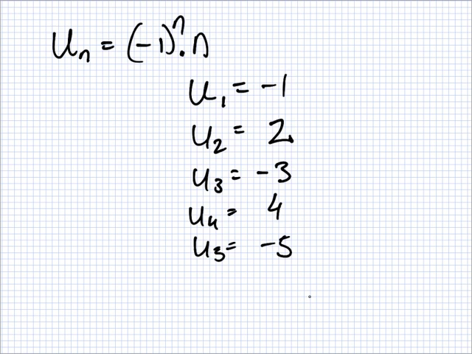The rule is this. First, is it convergent? If the answer is no, it's automatically divergent. Usually divergent means going to infinity or minus infinity. But here's a situation where it is going to neither plus infinity nor minus infinity. In some way it's trying to go to both at the same time.